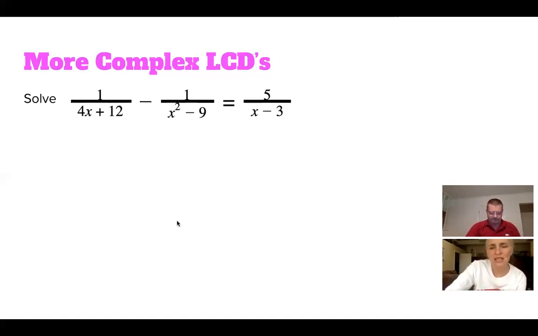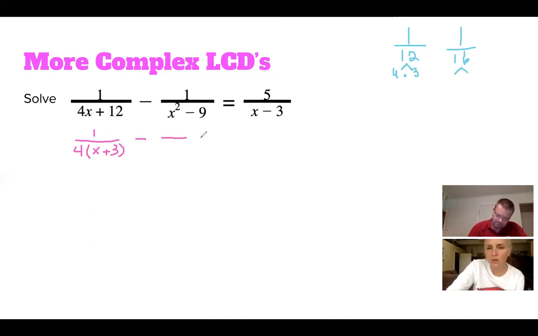What I'm saying to him right now is, if I wanted the least common denominator between, let's say, 1/12 and 1/16, it would help me find the common denominator if I knew that 12 was 4 times 3, and I knew that 16 was 4 times 4.